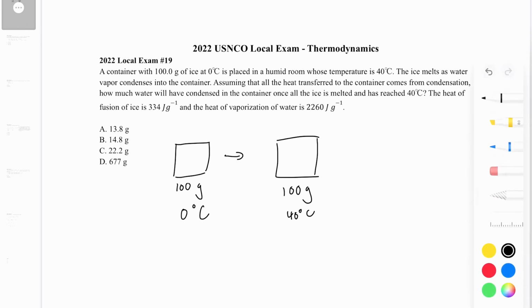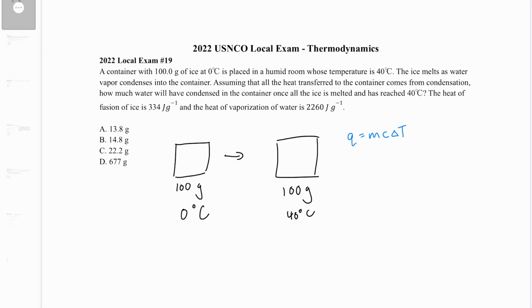That energy is going to be in the form of Q equals mc delta T. The heat is equal to mass times specific heat capacity times change in temperature. So one of the energies introduced into the system is the energy required to raise it 40 degrees.